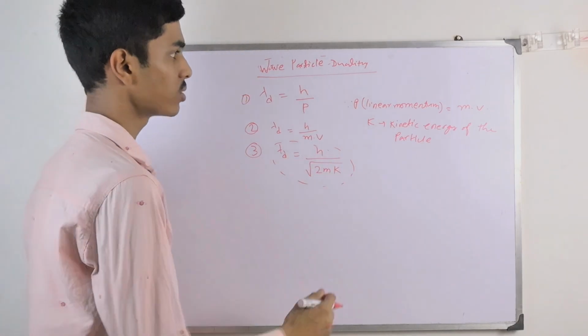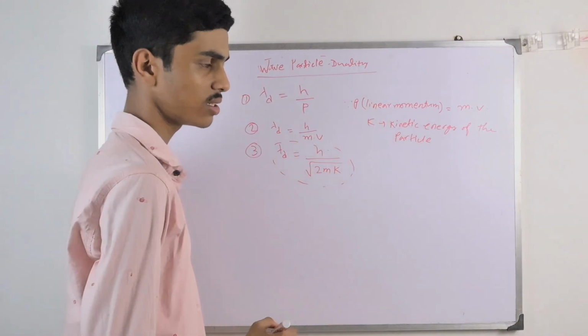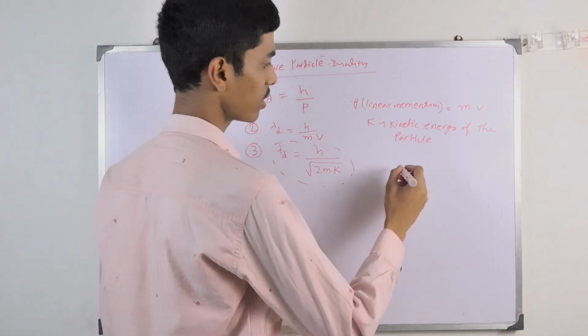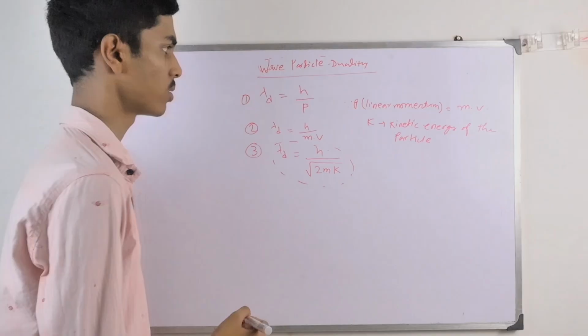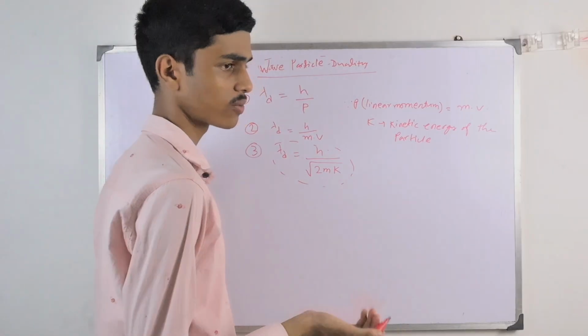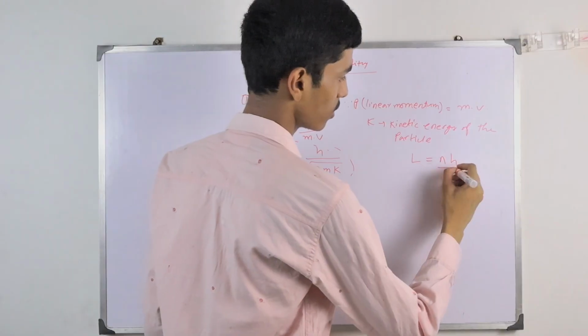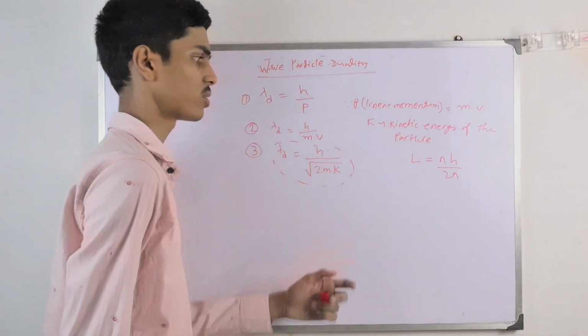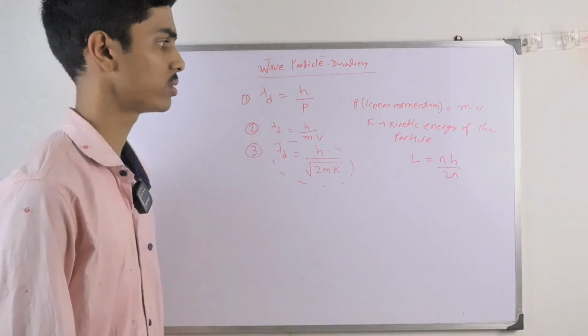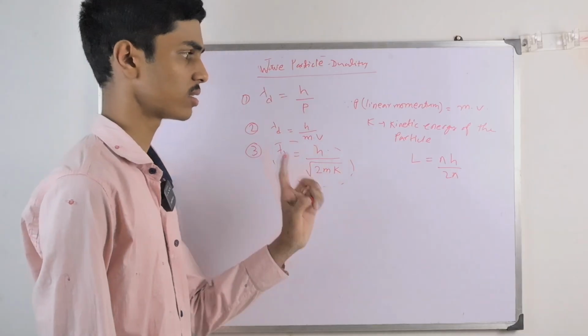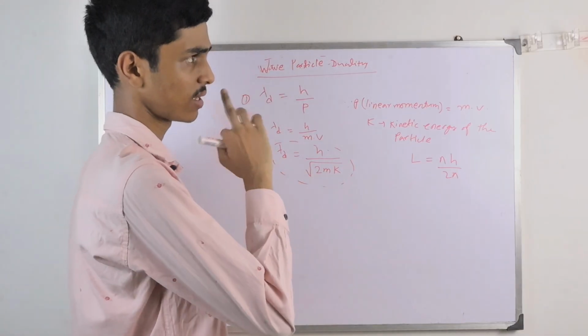Actually p is linear momentum. There is something called angular momentum also, so let us know it for knowledge purposes, which is denoted by L equal to nh by 2 pi. It is part of Bohr's atomic model, and we study this later in class 12.